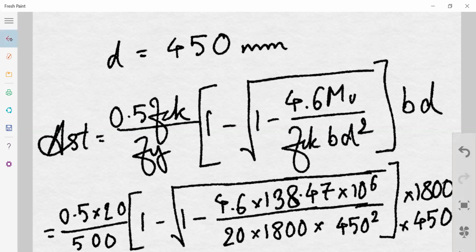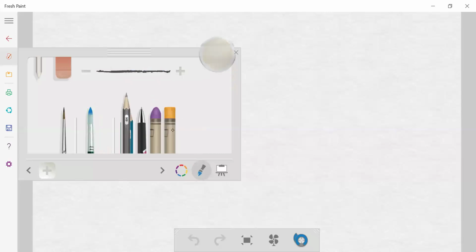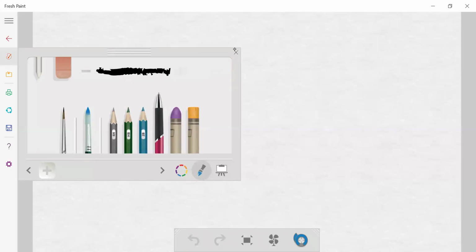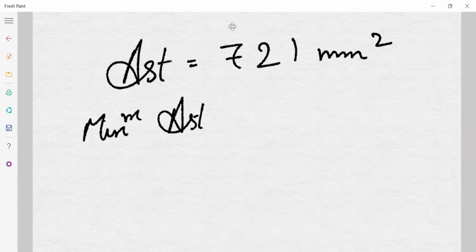Okay, so ultimately we calculate it and we get the Ast value around 721 mm square. Okay, now we have to check whether it is more than or less than the minimum Ast. Okay, so minimum Ast is 0.12%.